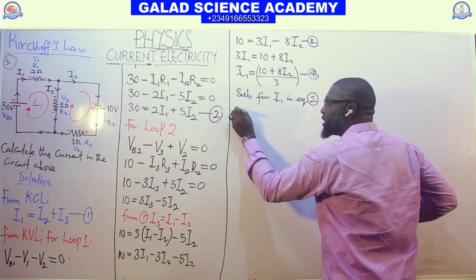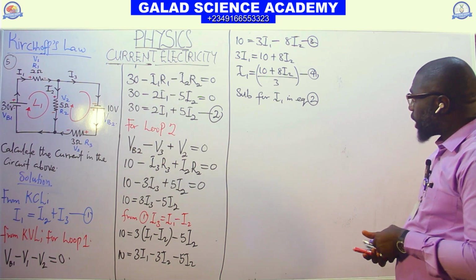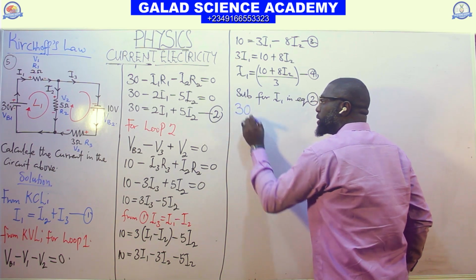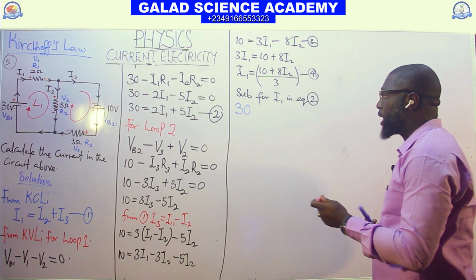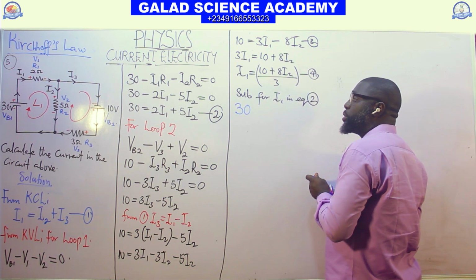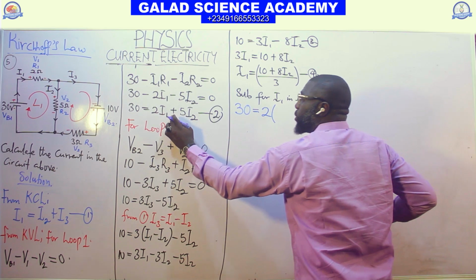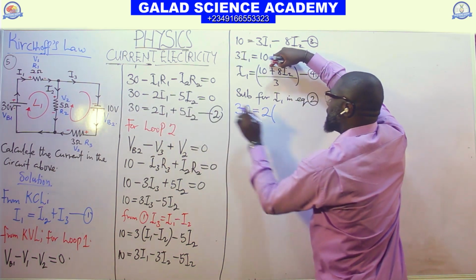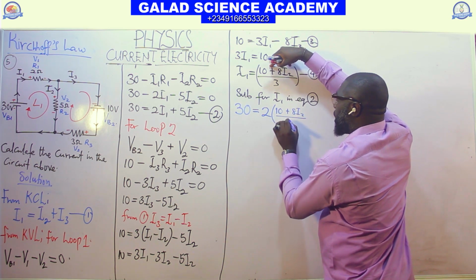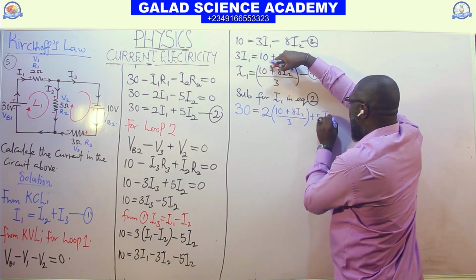So by substituting for I1 in equation 2, we have 30 minus 20 is equal to 2I1. What is I1? It is 10 plus 8I2, everything over 3, plus 5I2.